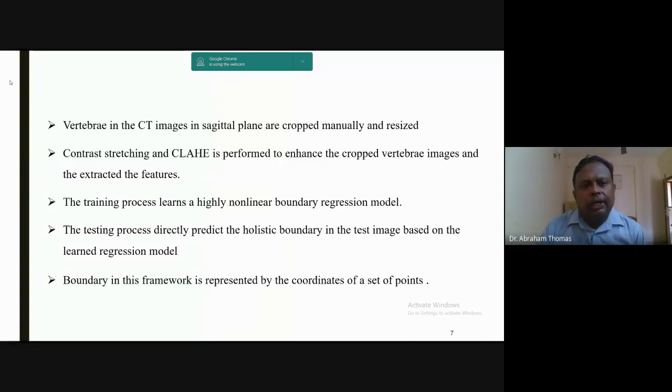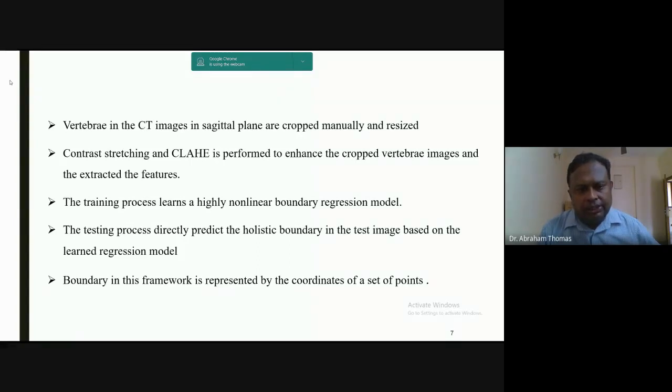So vertebrae in the CT images in sagittal plane are cropped manually and resized. Contrast stretching and CLAHE is performed to enhance the cropped vertebra images, and then we extract the features. The training process learns a highly nonlinear boundary regression model.